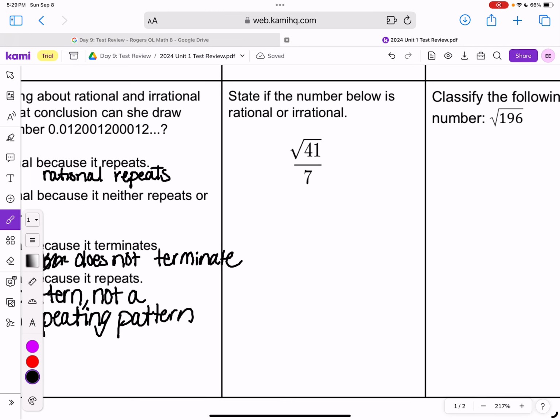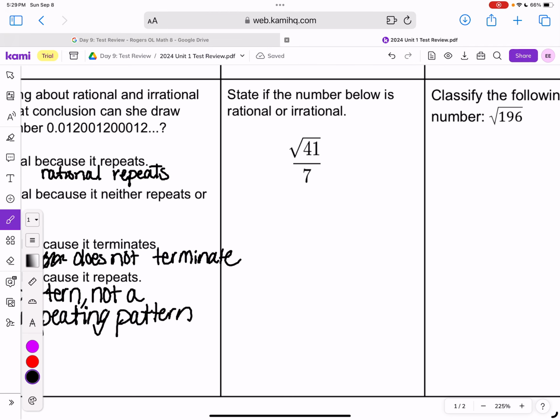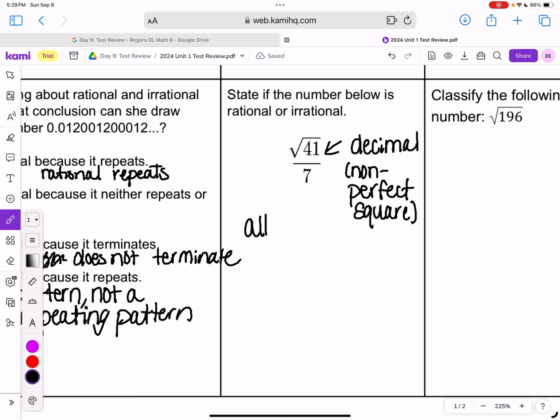Right here, if we put this in our calculator, you're going to get a decimal, which means it's a non-perfect square. All non-perfect squares are irrational.